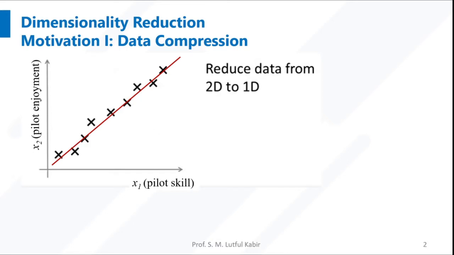For example, for a helicopter pilot, you can have two sets of data: one is pilot skill, the other is pilot enjoyment. Combining these two sets of data, you may define another data called aptitude. So you may replace these two data, pilot skill and pilot enjoyment, with a single data called aptitude. And this data is nothing but the data on this line.